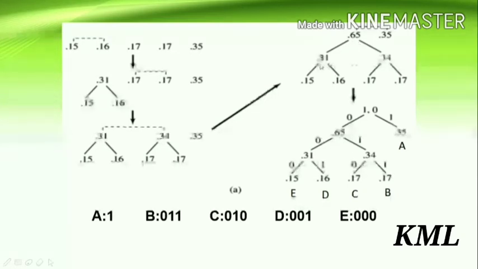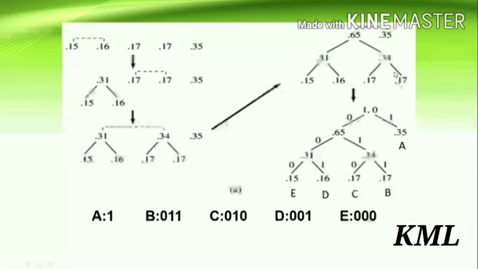So 0.31 plus 0.34 equals 0.65. This sum becomes the parent of these two, and these two become the subtrees. These subtrees also go along with them as they are.